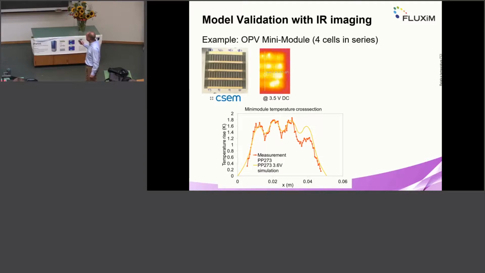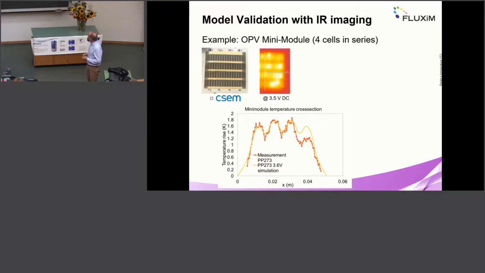So it's a cross section along this line here, that's the red cross section, and the electrothermal Laoss simulation result is shown in yellow here, and you see that we can reproduce the measured temperature profile with the Laoss temperature calculation.